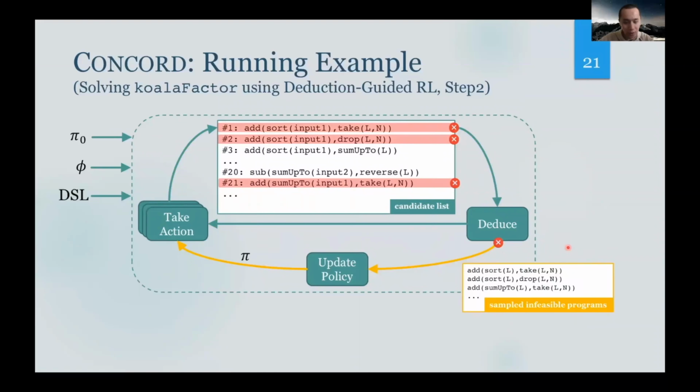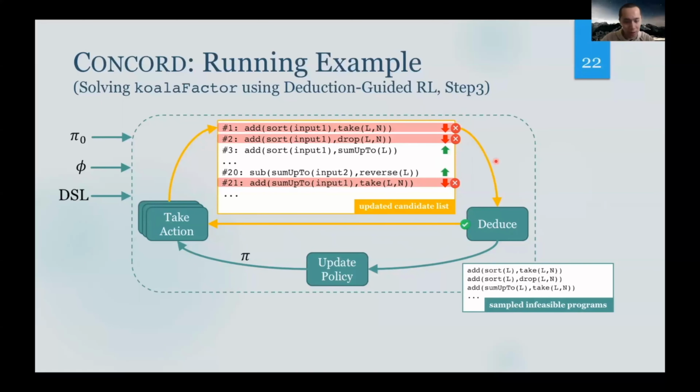So this list will be provided as extra training data to the update policy module. The update policy module will utilize this extra training data to update the policy. And the next time when take action wants to propose a new program, it will have a new internal updated candidate list. As you can see here, there are some programs that are getting downgraded by this policy, and then some of them are actually getting promoted.